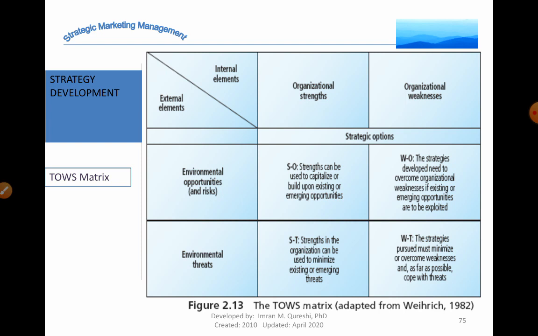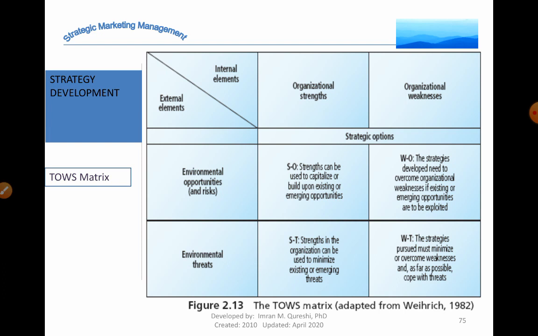So we have strengths and weaknesses on one side, and on the other side we've got environmental opportunities and environmental threats, and based on their interaction in these quadrants, we have four different areas of strategic orientation, if we can call it that.